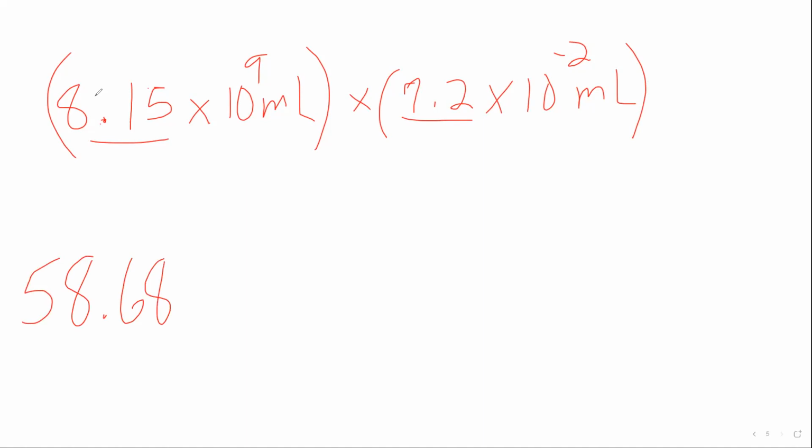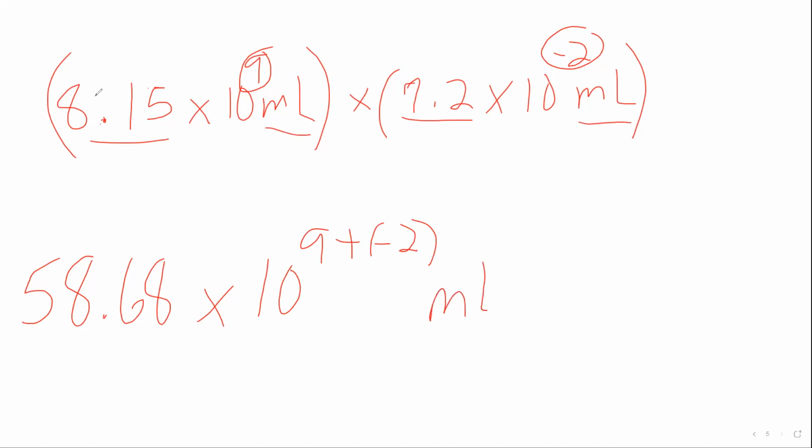We're going to do that at the very end, okay? All right, now, when you multiply it, you're going to add these two exponents, right? So you're going to say times 10 to the 9 plus -2, which is the same as saying 9 minus 2, right? And then milliliters are going to multiply, so it's going to be milliliters squared.